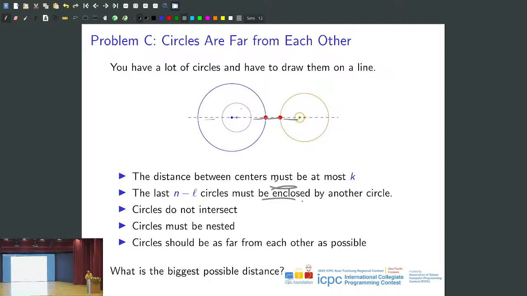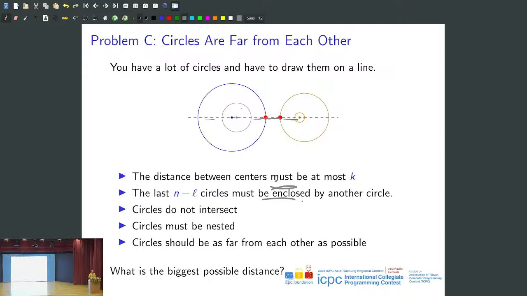If this constraint were not there, then a greedy approach would work, where you just sort the circles according to their radius, and then whenever possible you put a circle into a bigger one. You put a circle in, then do another one, and continue.